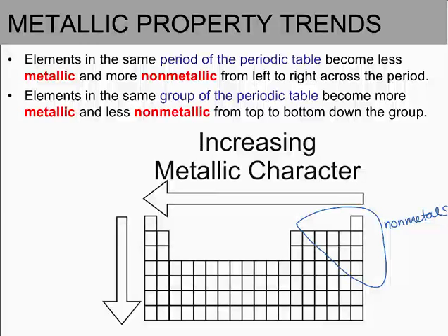And additionally, we saw that in group 5, we went from nitrogen to phosphorus, which were nonmetals, all the way down to bismuth, which is a metal. So that tells us that metallic character increases going down a column. Now, this would be a good flashcard to make. I will also post some online flashcards so that you can remember some of these trends.